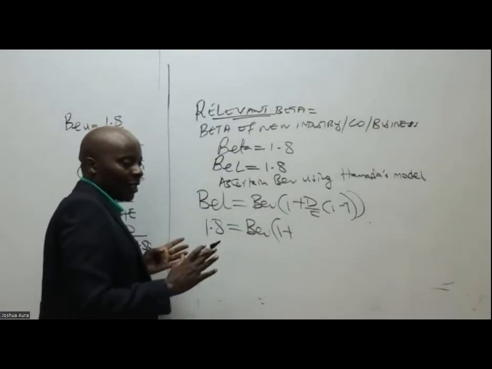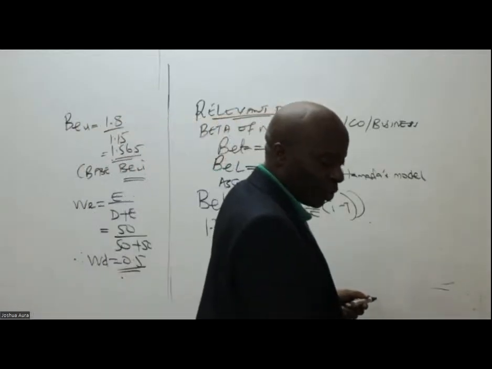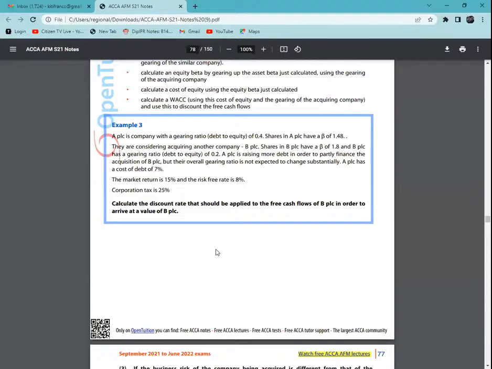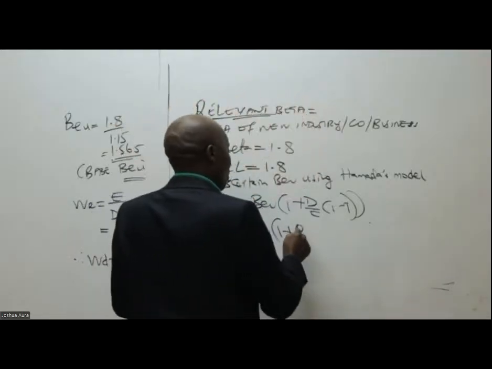So what do I have here? In this question, they have given me the debt to equity of this new business. They have told me the debt to equity is 0.2.